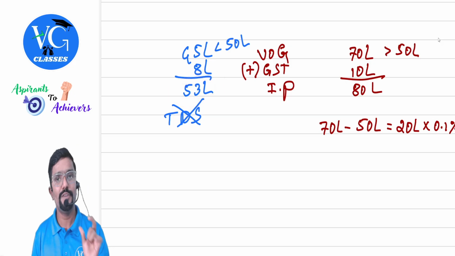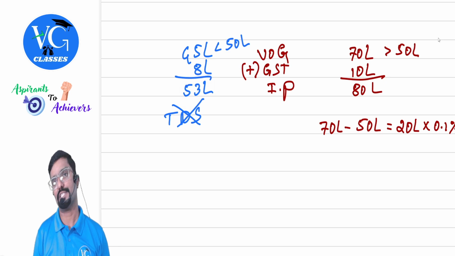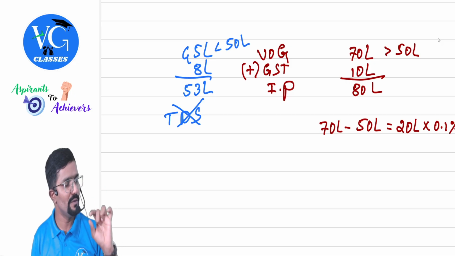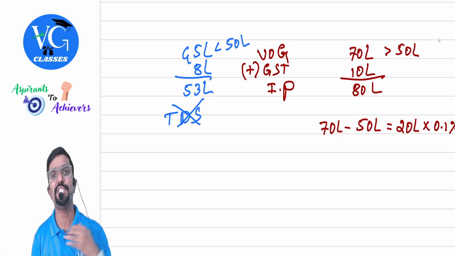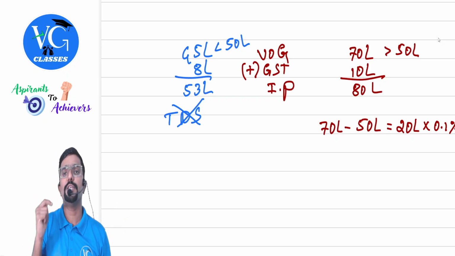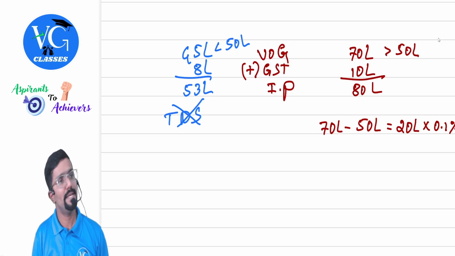No. That 50 lakh threshold limit, what we check is excluding GST and other taxes. Clear? Hope you understood. So you need to take purchase value excluding GST. Even when we are deducting TDS, it is purchase value minus 50 lakh. Whatever is the remaining amount, on that 0.1%, guys.